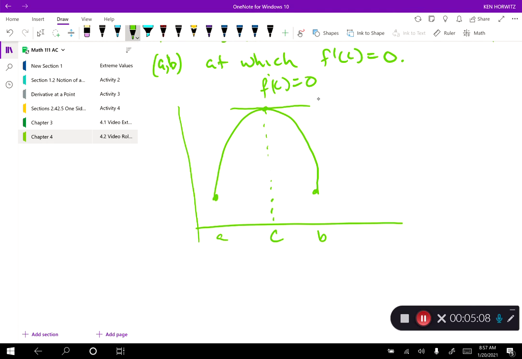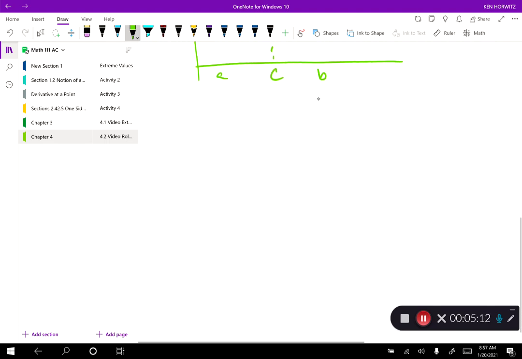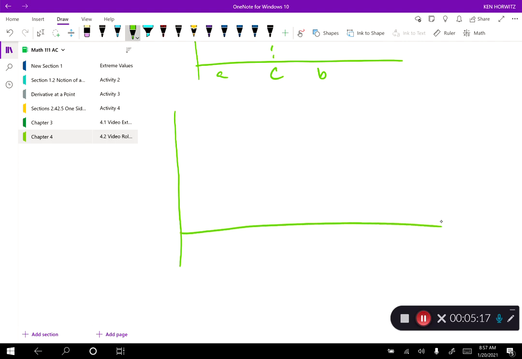Now you might say, hey, that's a perfectly drawn figure. Let's draw another example. Another example would be something like this.